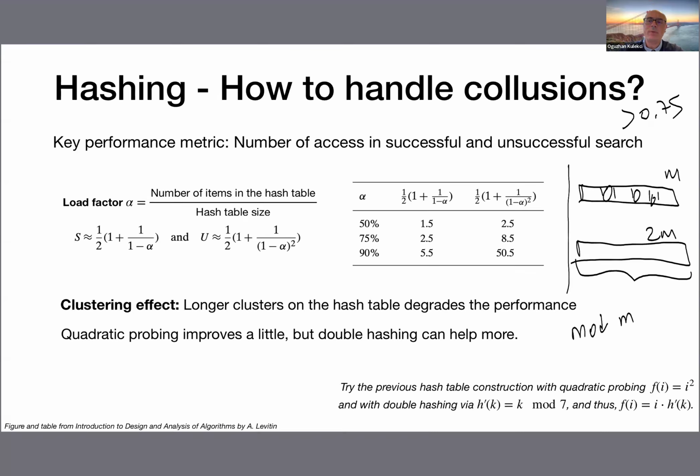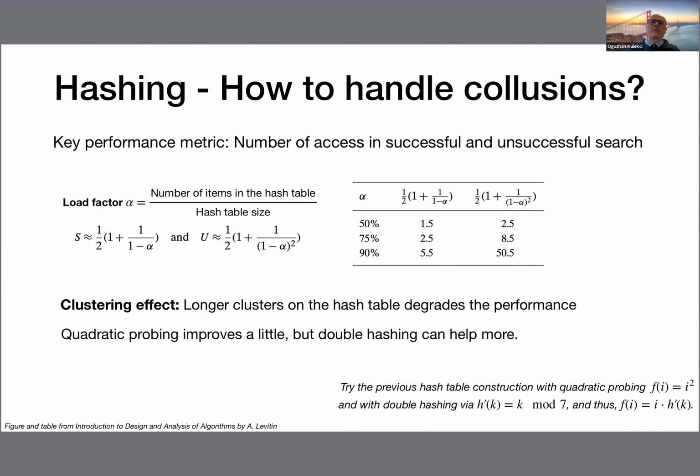Since you increased the size, you now have room for up to 2m positions, and this will move some of the elements to their correct positions, even ones that were colliding in the previous case. So in summary, when you increase your hash table size, you perform rehashing on all the elements again from scratch.